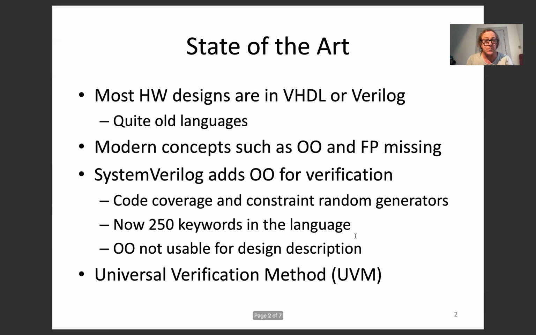There is now SystemVerilog, which adds object-oriented programming for verification, and it also adds code coverage and constrained random generators, which makes it quite a complex language. It ends up with roughly 250 keywords, and it still supports all legacy Verilog. Sadly, object-oriented programming is not available for design description. It's only available for verification.